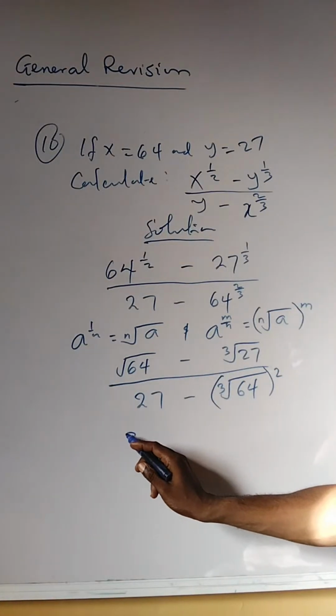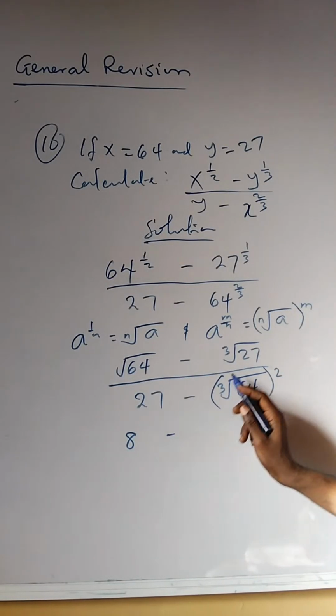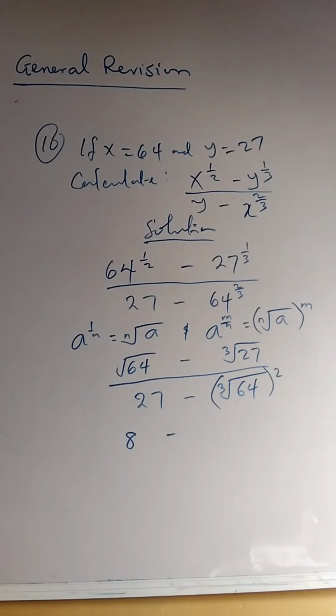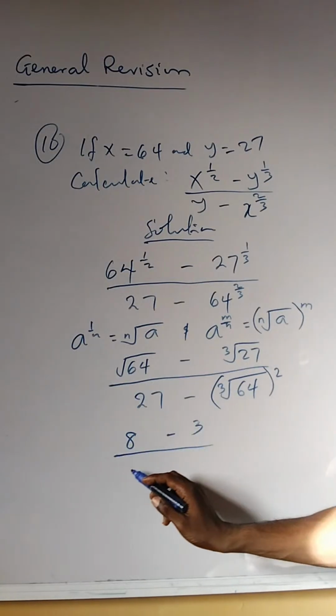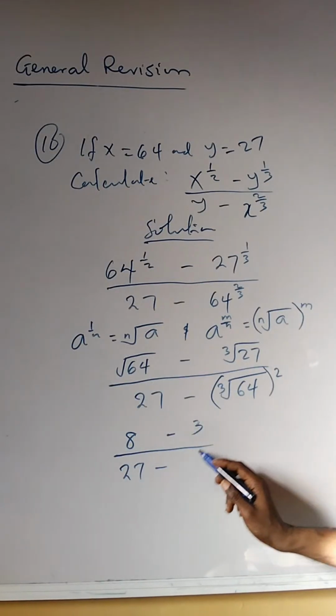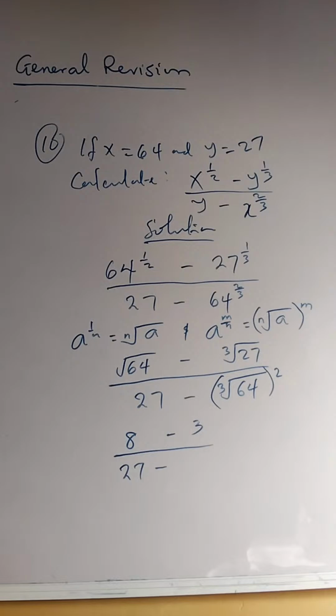The square root of 64 is 8, minus the cube root of 27, that's 3, over 27 minus the cube root of 64, that's 4.